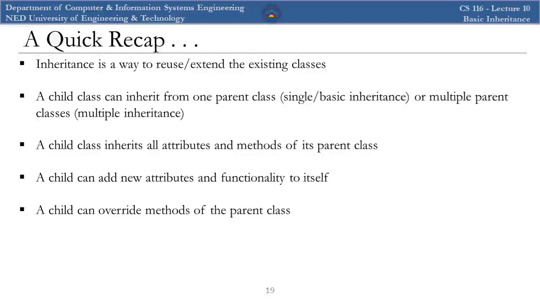If you want to change the behavior of any method that exists in the parent class, you can do that by defining the same method in the child class. The condition is that the name should be the same. Python gives you the liberty to change the number of parameters, but the name of both the methods should be the same.